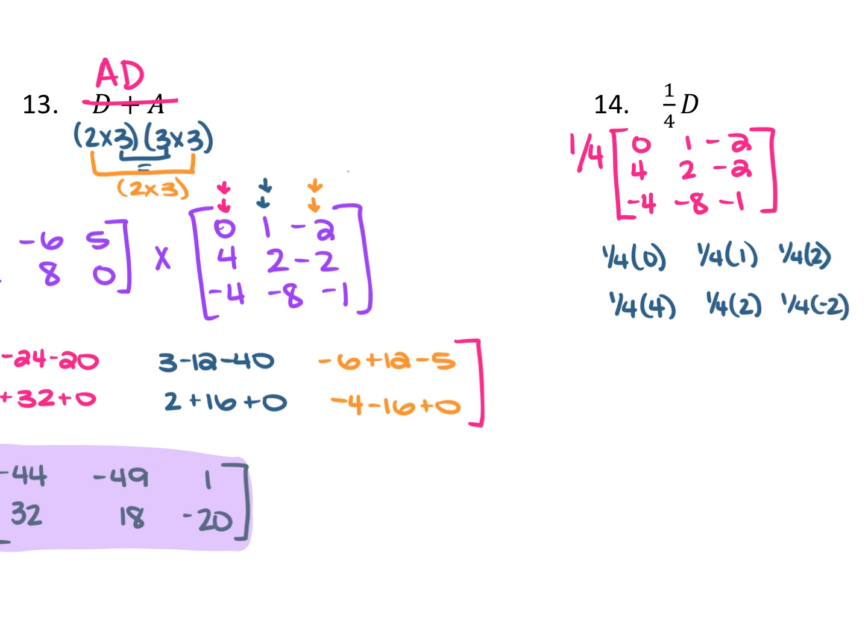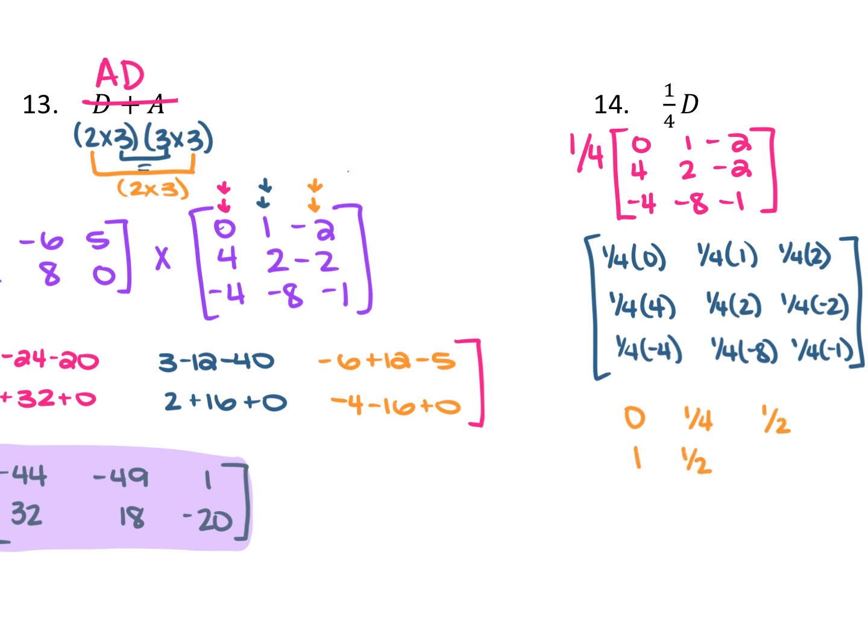For your last row, you're going to have 1/4 times -4, then 1/4 times -8, and 1/4 times -1. So this is going to give us 0, 1/4, -1/2, 1, 1/2, -1/2, -1, -2, -1/4.